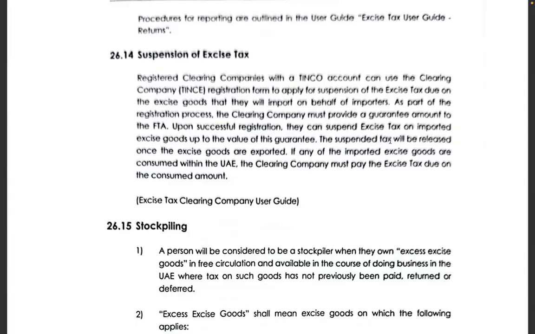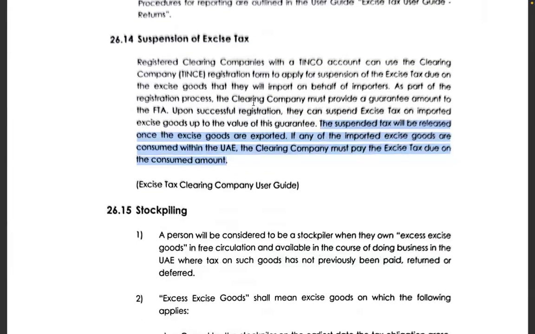The suspended tax will be released once the excise goods are exported. If any of the imported excise goods are consumed within the UAE, the clearing company must pay the excise tax due on the consumed amounts. So the idea of suspension is that the clearing company does not have to pay the excise tax until the goods are exported.